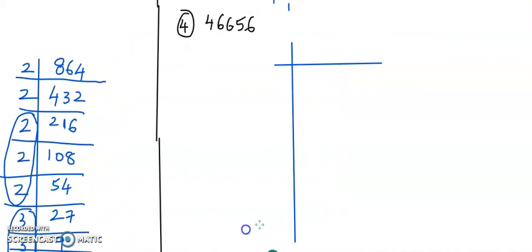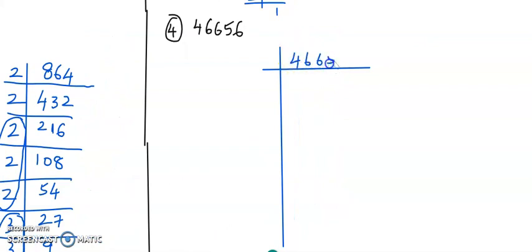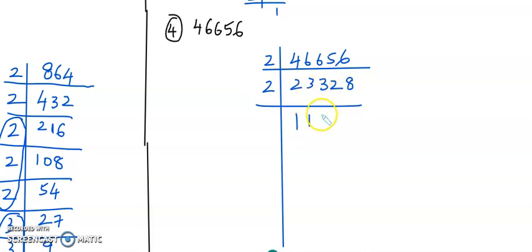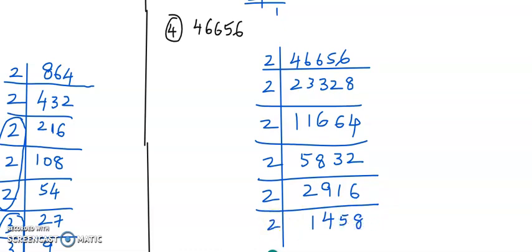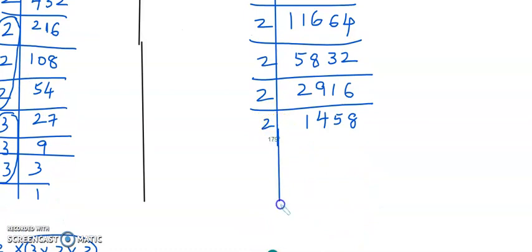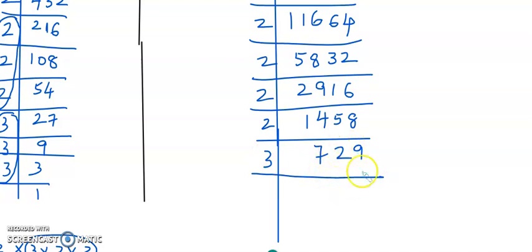Okay, so let's start with 46656. 2s are 23328, 2s are 11664, again 2, 5832, 2, 2916, again 2, 1458, again 2, 729, it's going to be a long one. 729 is actually 9 cube.